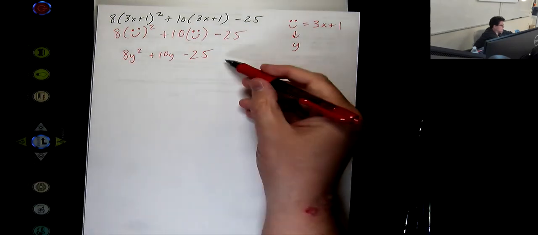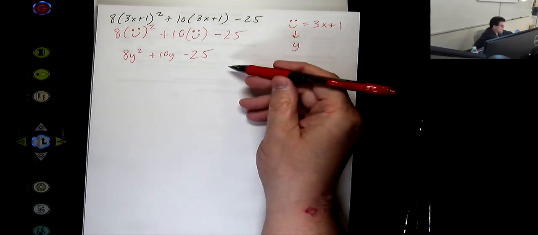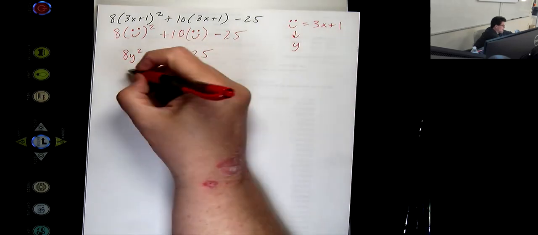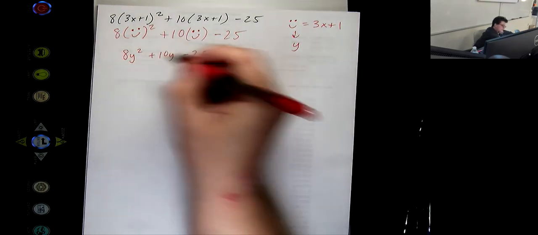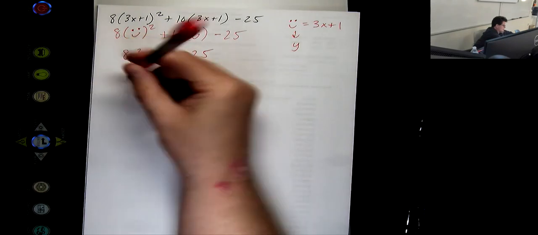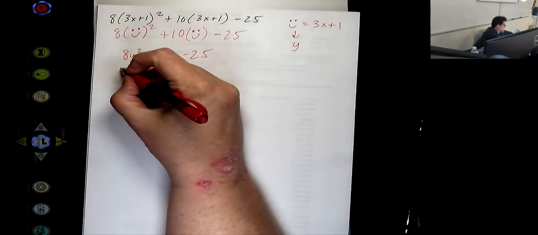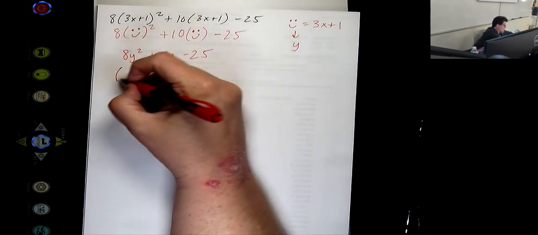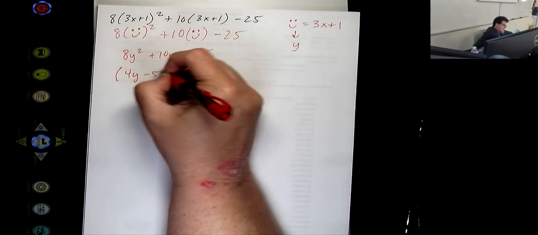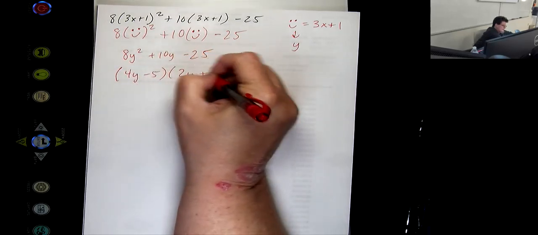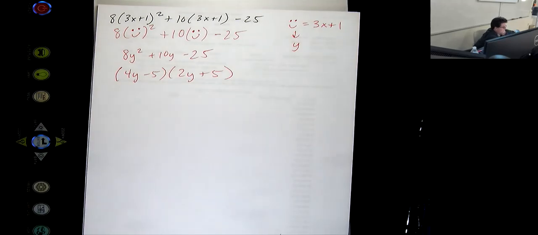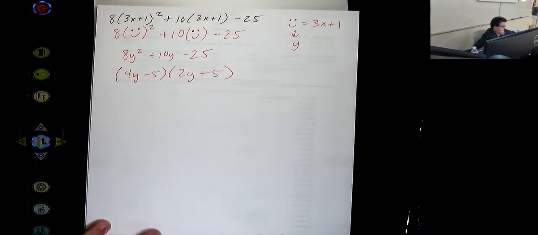This is factorable using the techniques we've done. When you factor it, you are going to end up with, let's see, 4y minus 5 and 2y plus 5. In the interest of saving time for the lecture. But we didn't start with y.